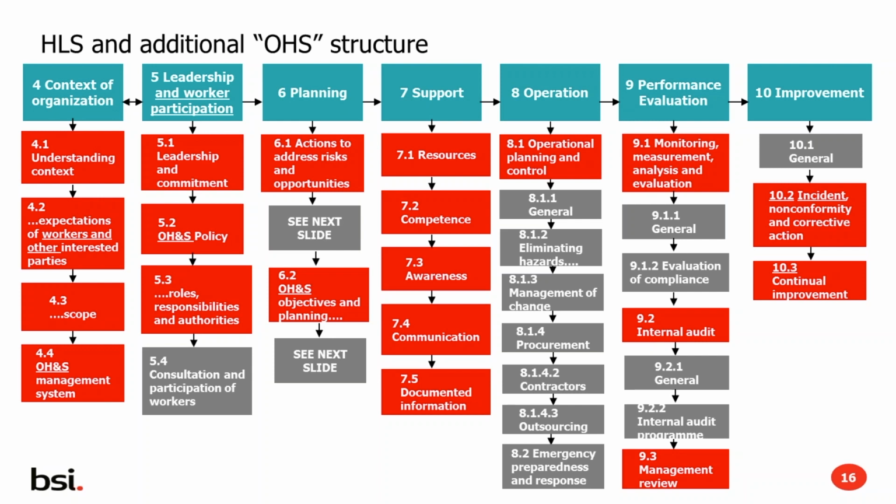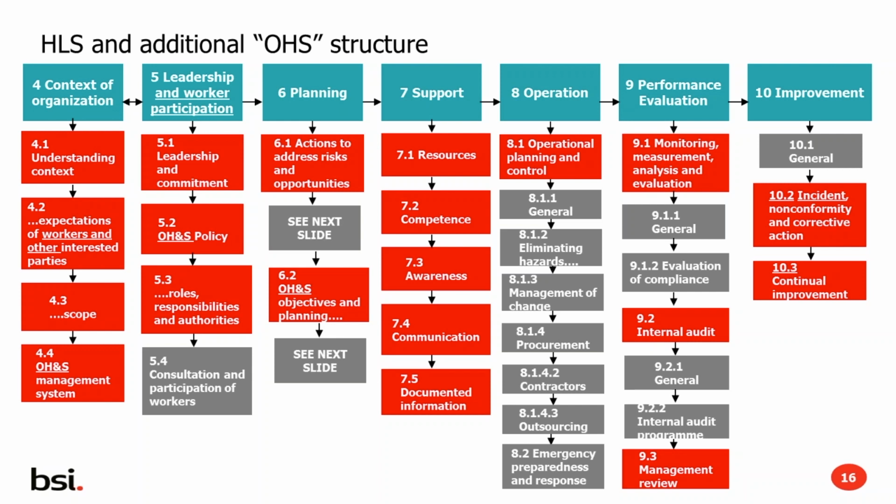So on clause 5, you've got 5.4, consultation and participation of workers. That's specific to 45,001. And then on the 6.1 and 6.2, which is in the next slides, will show you, again, the specific requirements against 45,001. 7 is mainly the same alongside the high-level structure. 8, most of the 8 is specific to 45,001.